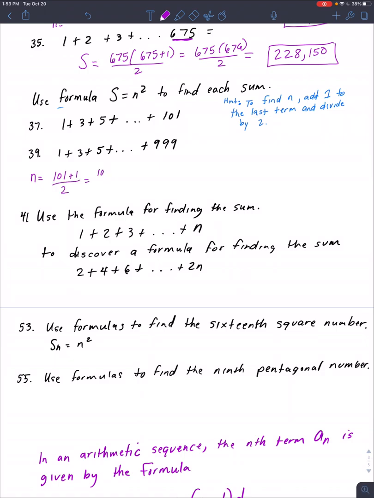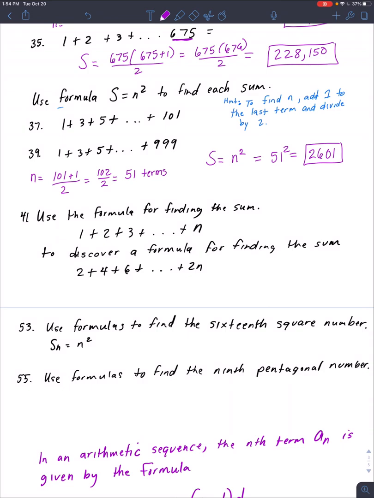So it's 102 divided by 2, which is going to be 51 terms. So in that first one, number 37, there's 51 terms. And in this case, s is equal to n squared. Using that formula, we're just going to have 51 squared, which means 51 times 51, 2,601.